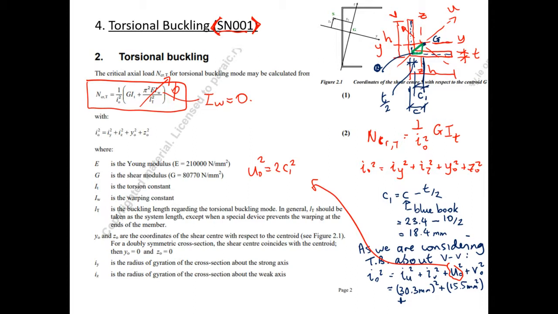If I draw that as a little triangle, we can see it's Pythagoras' theorem. So I have a C1 here, and I want to know what u_0 is there. If I call this value here z_0, I know that.